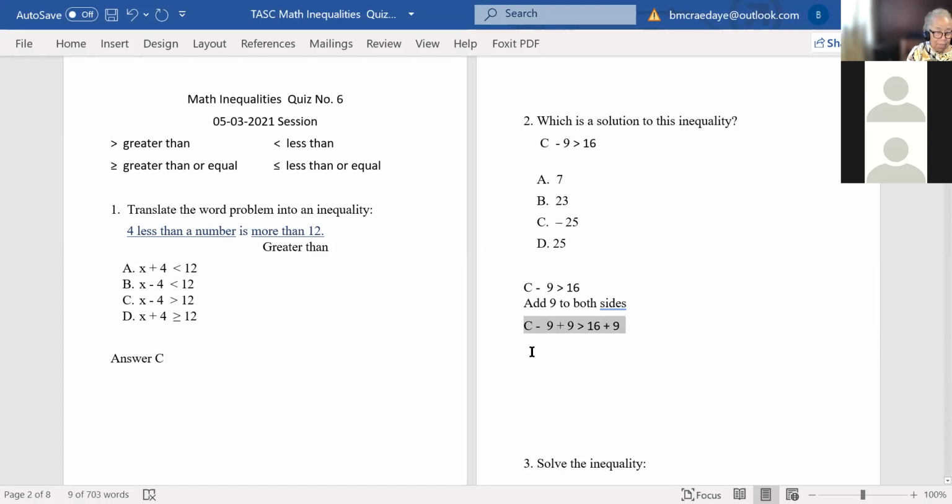Yeah. So let's put here c, and the minus 9 plus 9 is 0. And 16 plus 9 is 25. So let's copy this, put our 25: c is greater than 25. And that answer can only be D, right? Which is 25, not a negative 25.